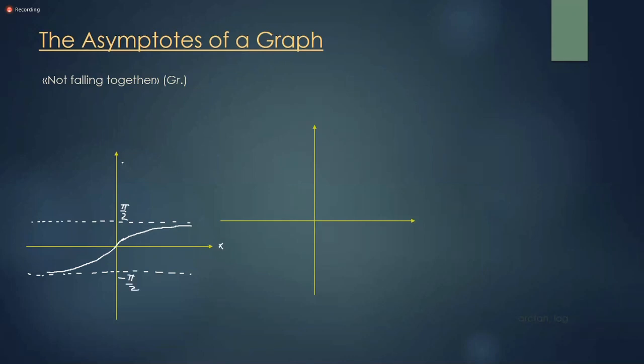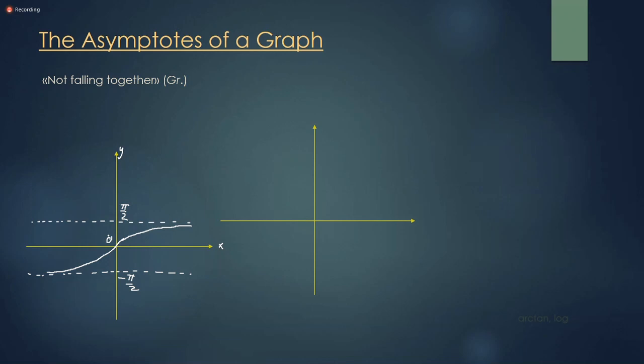So basically what we see is that the graph of arctangent infinitely approaches the horizontal line pi half when x goes to positive infinity, and negative pi half when x tends to negative infinity. We saw this when we were discussing the inverse trigonometric functions and their graphs. So this is something already somewhat familiar.